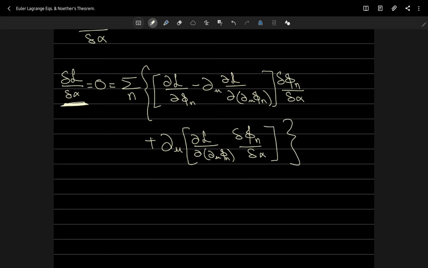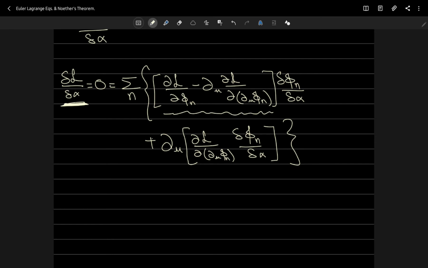Right, and all I have done is written down the change in Lagrangian with respect to change in the continuous parameter that I defined as alpha, right? Because this symmetry depends on this parameter alpha, and if it is very small, then we have a continuous symmetry. Now in this equation, if you look at this thing, this is what?